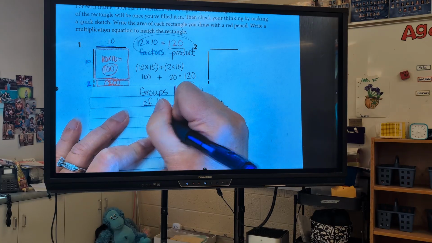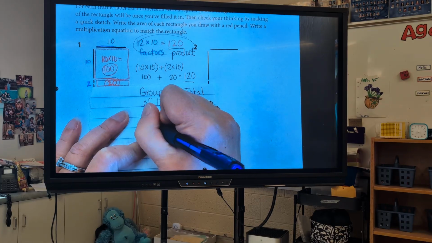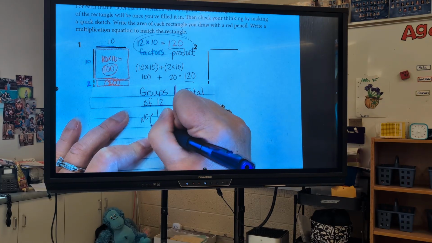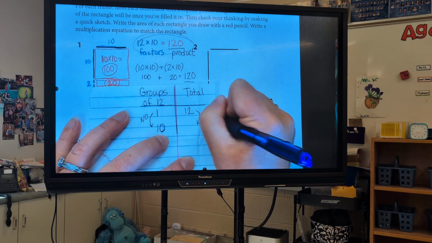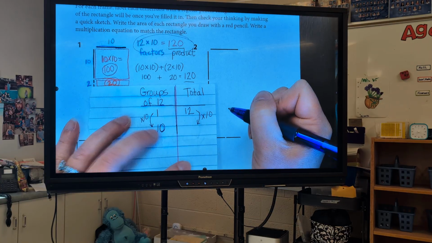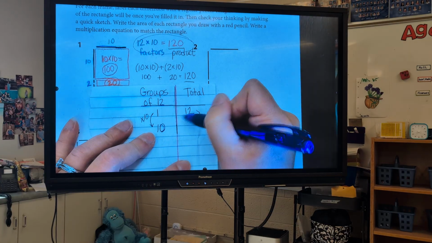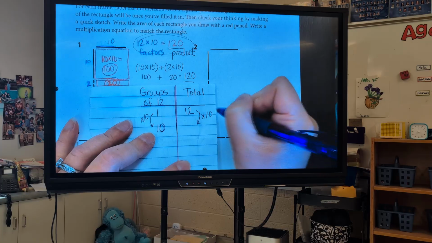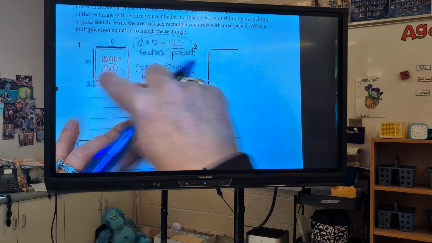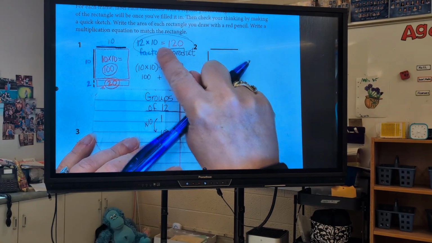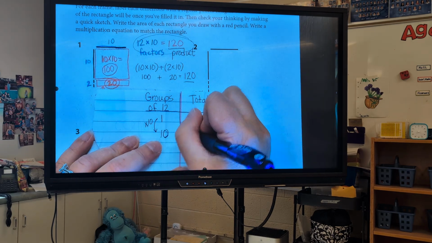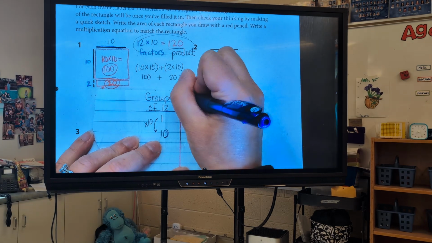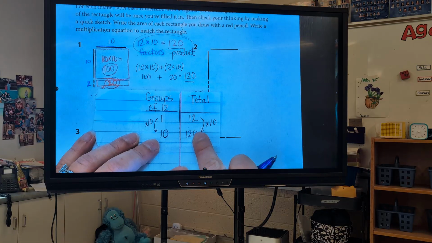But if I take 10 groups, now I have 10 groups. How many total pieces do I have? So I'm thinking 12 10 times, which we just showed up here. 12 10 times was 120. So this is what it would look like in a ratio table.